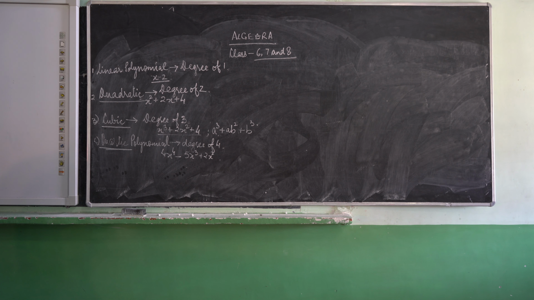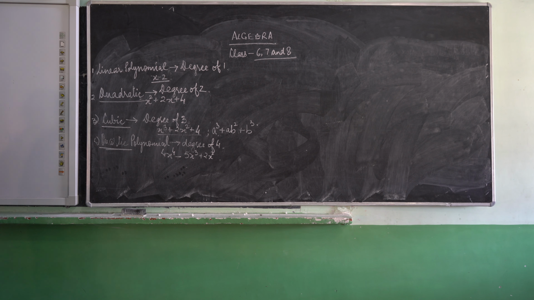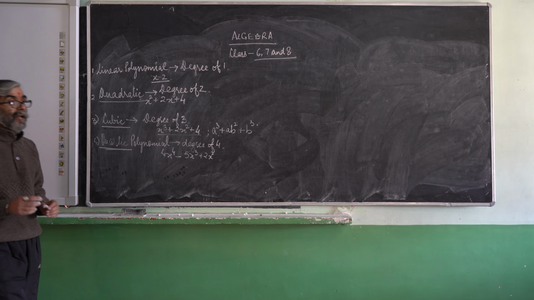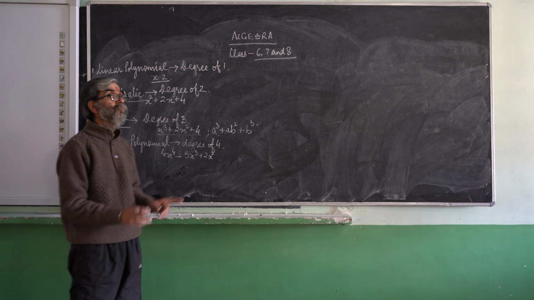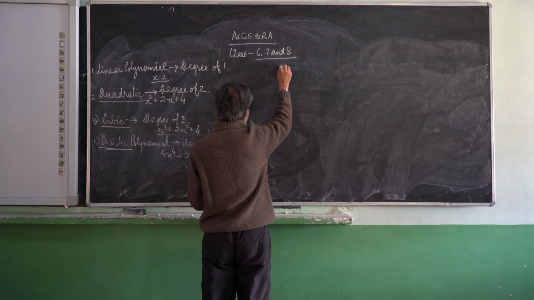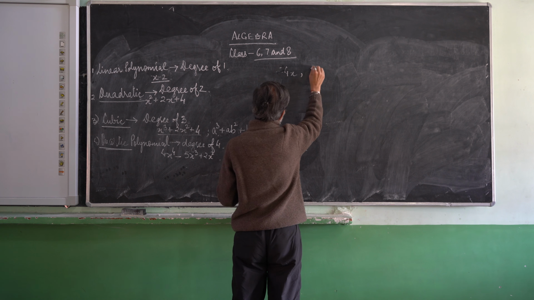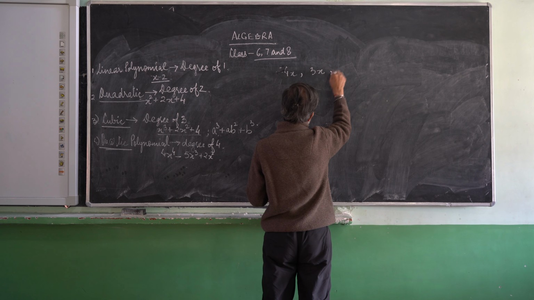Now, the 4 basic operations in algebra: addition, subtraction, multiplication, division. Addition and subtraction is always performed on like terms. Suppose you have to add 4x, 3x and minus 2x.